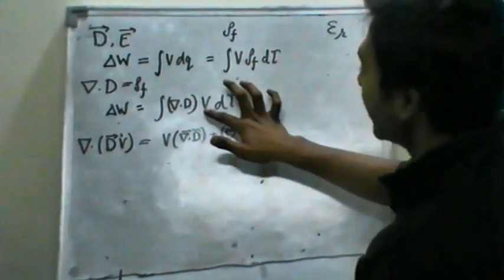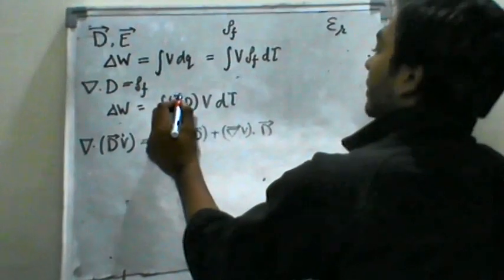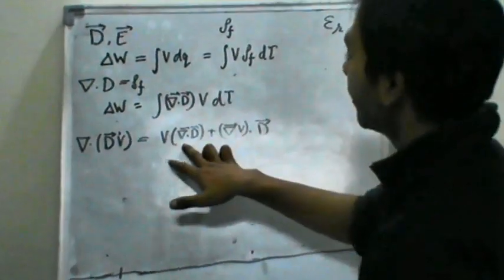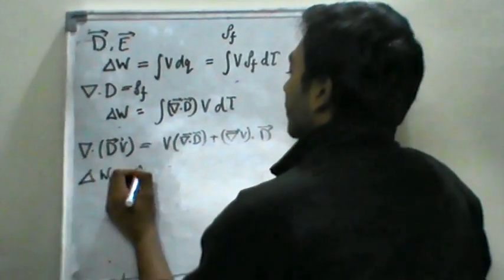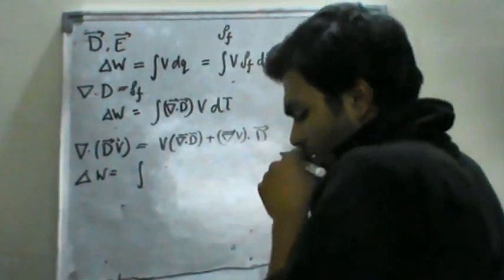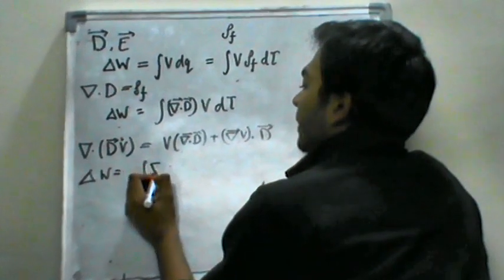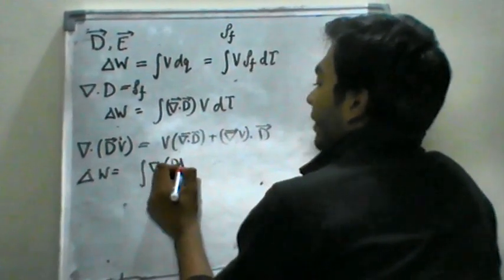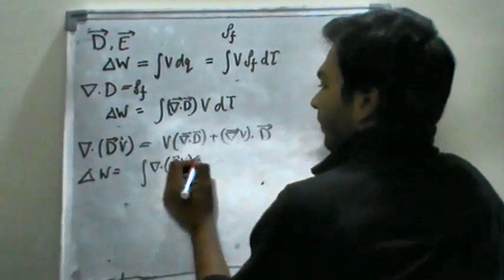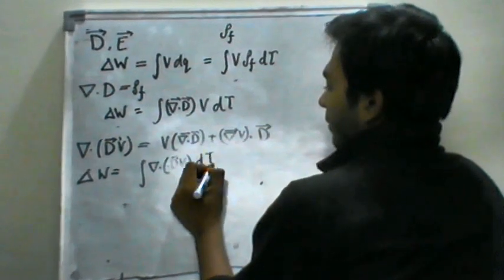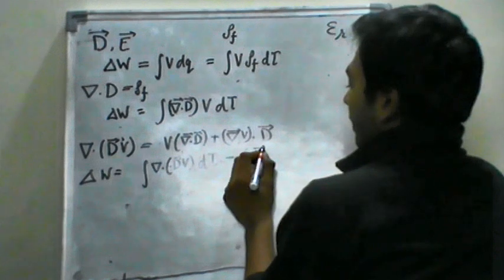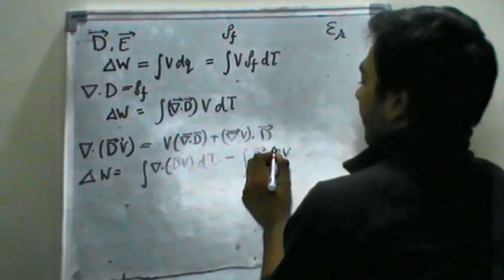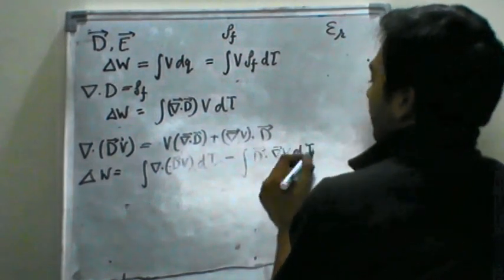So replacing, we get delta W is equal to integral of del dot D V d tau minus integral D dot del V d tau.